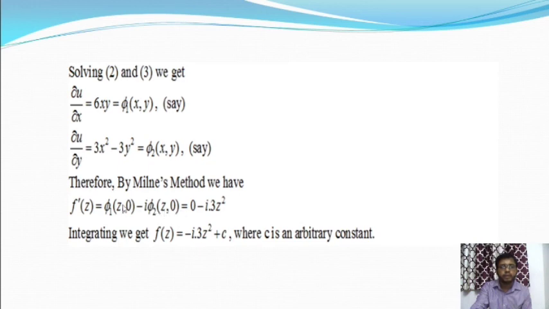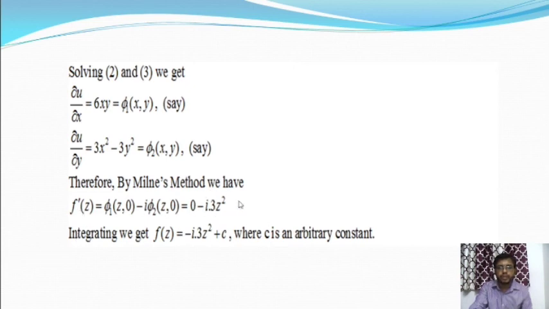If we put x equal to z and y equal to 0 in phi 1, we get 0. Similarly, for the second, we get 3z square. So f dash z is equal to 0 minus i into 3z square.